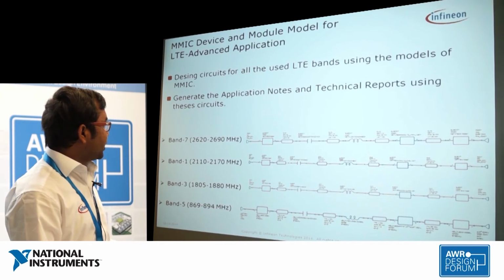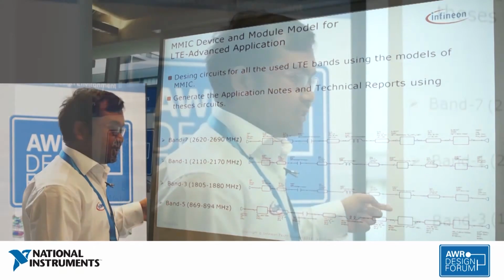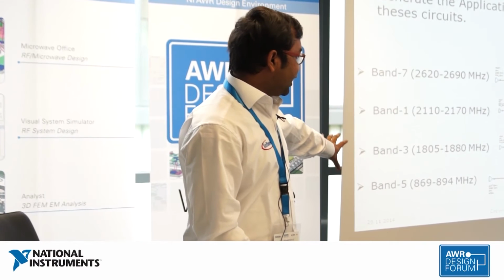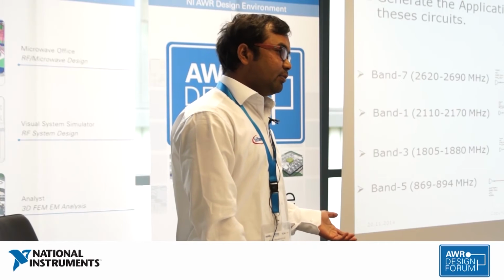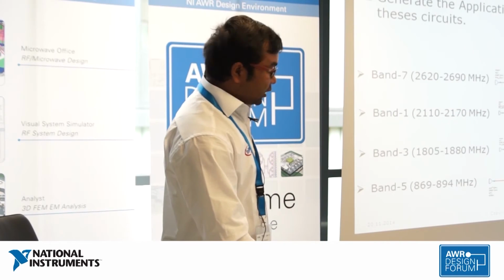So what we did, we generate these circuits in Microwave Office, and we use some scripting language to automatically generate the reports. So we created the database using this model for supporting all the 44 LTE LNA bands. So actually we have all the solutions now, the existing LTE bands and the bands which are coming. I will show you the database later on.